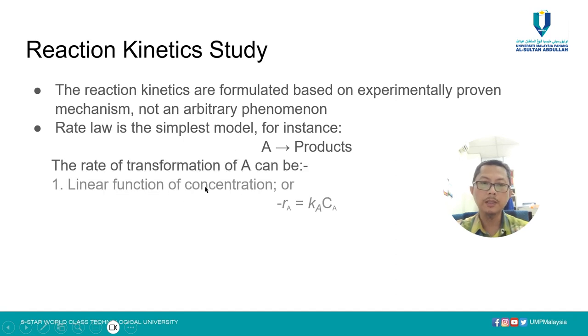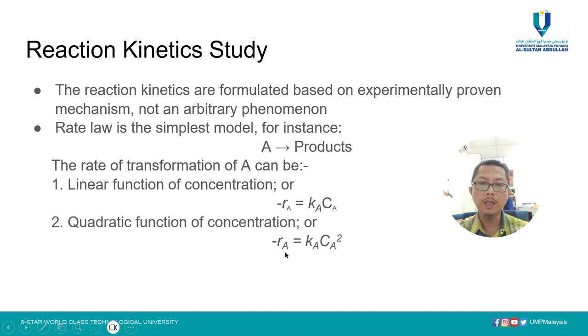If you have this reaction and the stoichiometric coefficient of A here is 1, and the rate law you get from the experiment is negative r equals k CA to the power of 1, then this is elementary. But if you have a power of 2 for CA, this is no longer elementary.